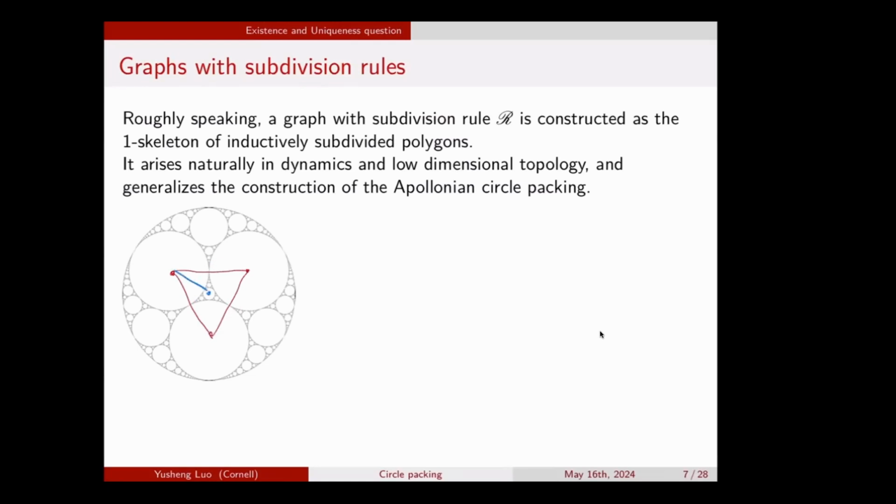Then we subdivide this triangle into three small triangles. And then for each triangle, we obtain essentially the same shape as the previous one. So we can continue doing this subdivision. So level 0 is a triangle, level 1 consists of 3 triangles, and level 2 consists of 9 triangles.